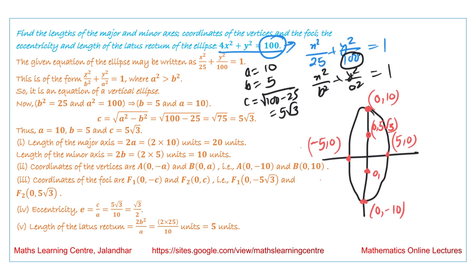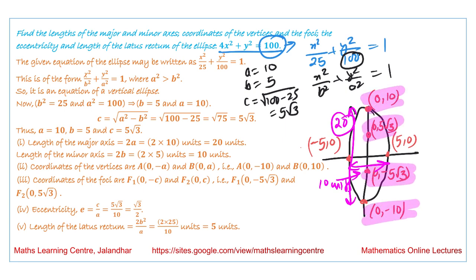This coordinate is (0, -5√3). We can calculate the length of the major axis. It is 20 units. Length of the minor axis is 10 units. We have seen the foci. These are the two foci. These are the vertices. Major and minor axes are there.